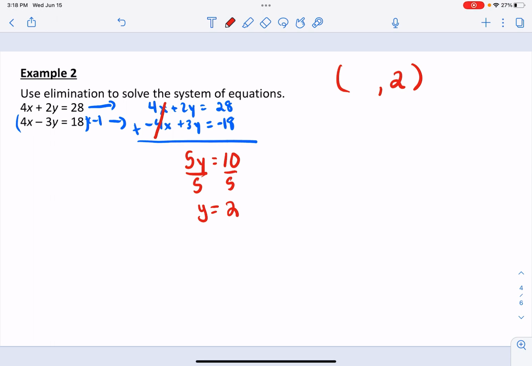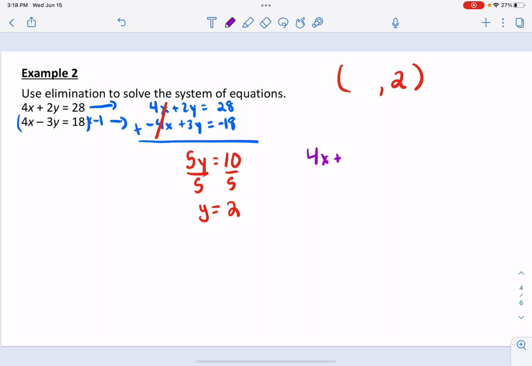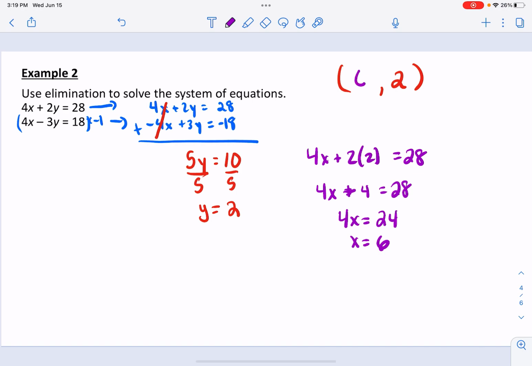Plug back into one of the equations to get x. It doesn't matter which one you plug back into. I'm going to choose the top one just because everything is positive. So 4x plus 4 equals 28. 4x equals 24. I divide by 4 and I get x equal to 6.